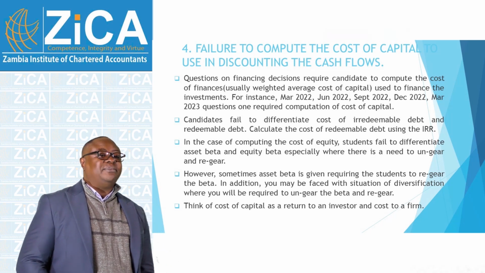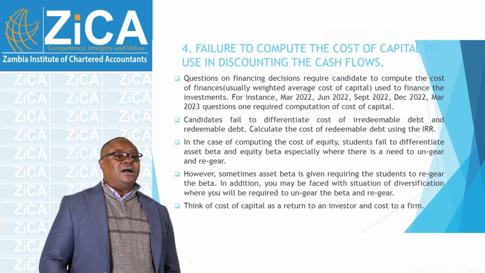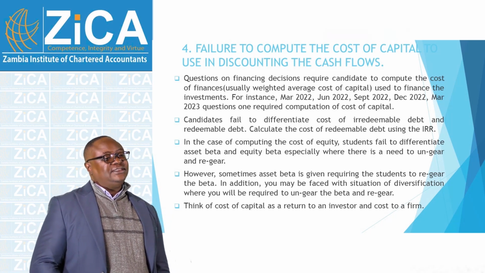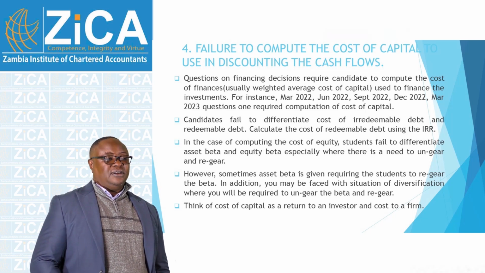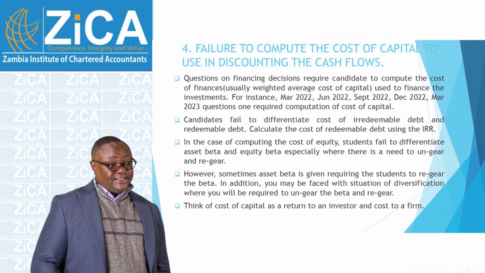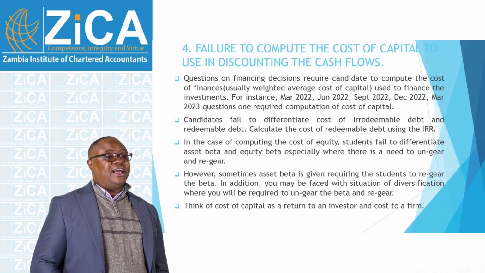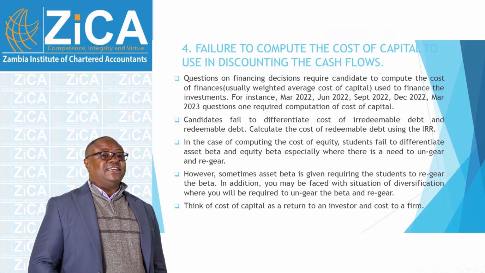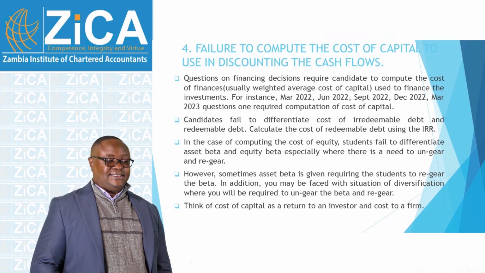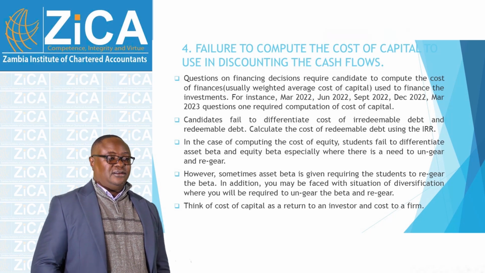Now, where there is a problem is that sometimes students fail to differentiate the cost of redeemable debt and irredeemable debt, where you are trying to calculate the cost of debt. As you might be aware, the cost of capital is basically the weighted average cost of capital, which comprises all the financing of the business.